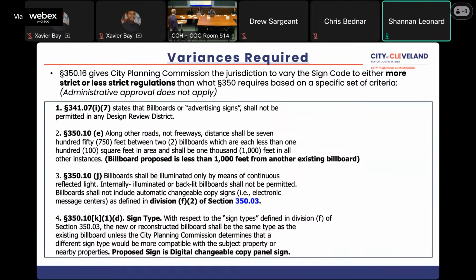And this one is an automatic digital copy panel sign. And so those are the 4 variances that are required for this particular billboard that again is under the court order court settlement case for the removal of the oversized billboard on Detroit and West 25th.